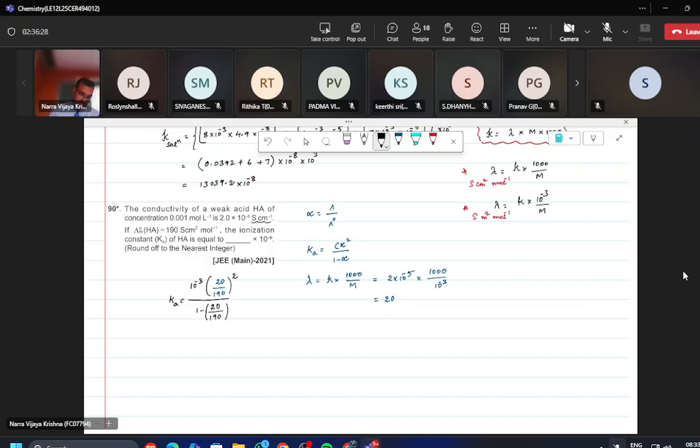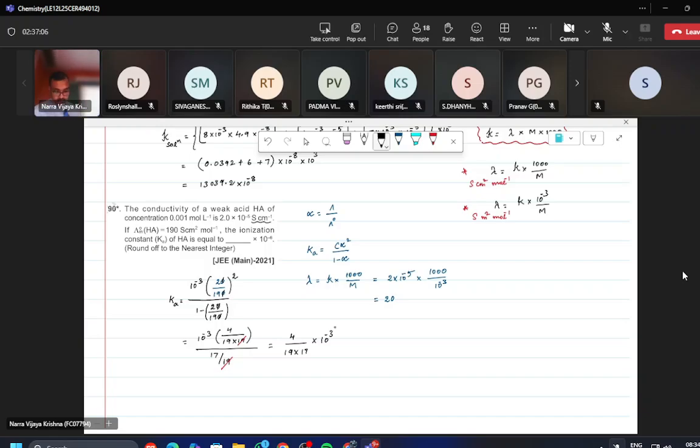Find that value. So 10 power minus 3 into 4 upon 19 into 19 divided by what you will write here? 19 minus 2, 17 upon 19. Can I cancel 19 term? So this is equal to 4 upon 19 into 17 into 10 power minus 3.